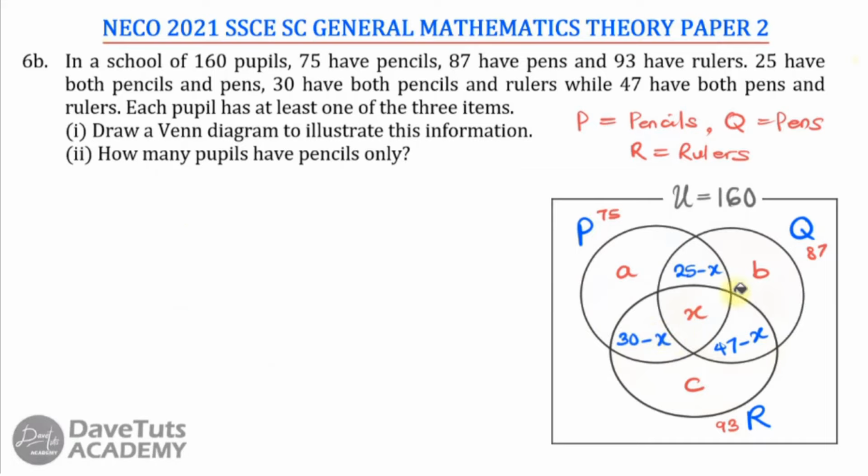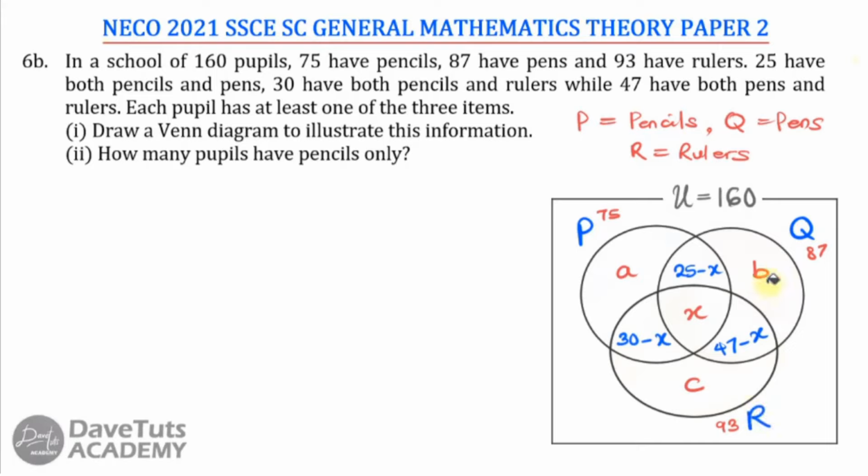We have some subsets in this particular Venn diagram. In the first case, we have been given the total number of pupils that have pencils as 75. So if we add all the regions of pencils, A, 30 minus X, X, and 25 minus X, we can equate it to 75, and that will give us one equation. We can do the same thing with Q, those pupils that have pens, and the same with R, those pupils that have rulers.